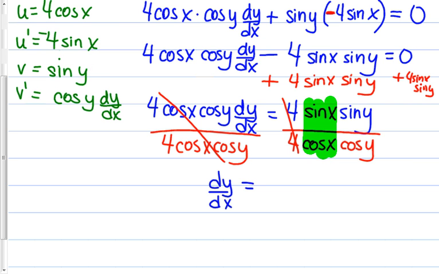Sine over cosine is tangent. And then same goes for these. Sine over cosine is tangent. The only difference is that one is for x and one is for y. So sine over cosine is going to become tangent x. And then sine over cosine, but with the y's, it's going to be tangent y. And there's my answer.